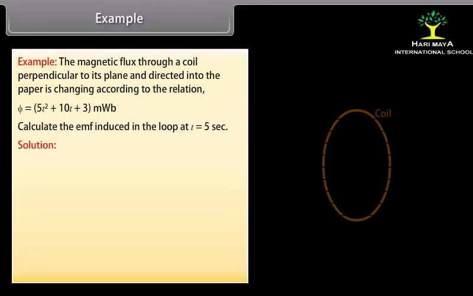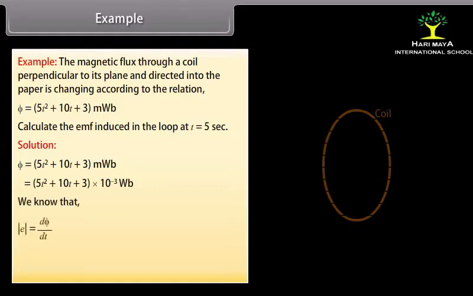Let's see the solution. Given phi is equal to 5t square plus 10t plus 3 milliweber, it can be written as phi is equal to 5t square plus 10t plus 3, multiplied by 10 raised to the power minus 3 weber. We know that E is equal to d phi by dt.